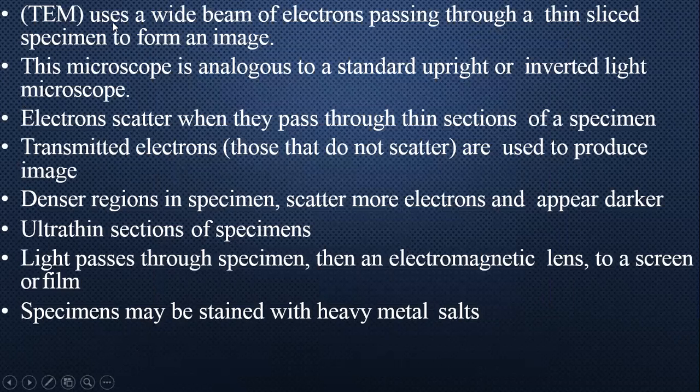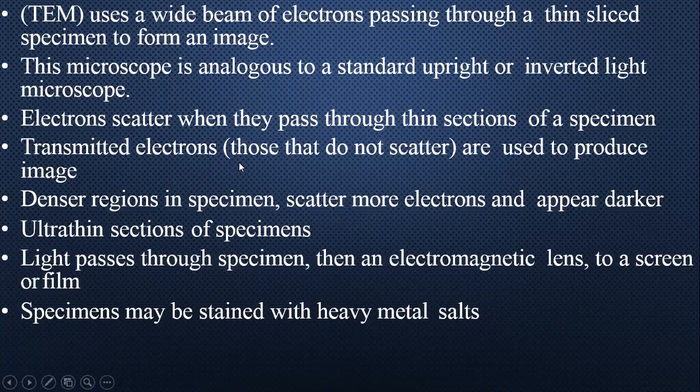The transmission electron microscope uses a wide beam of electrons passing through a thinly sliced specimen to form an image. This microscope is analogous to a standard upright or inverted light microscope. Electrons are scattered when they pass through the thin section of the specimen.